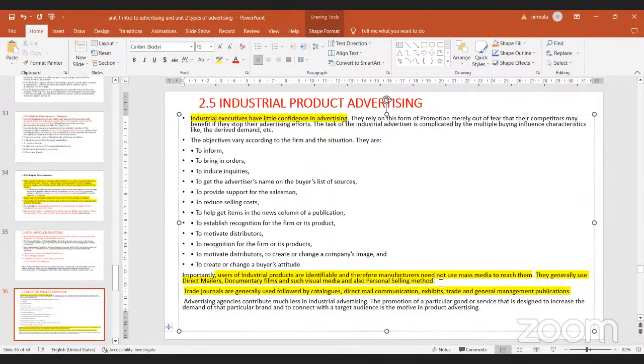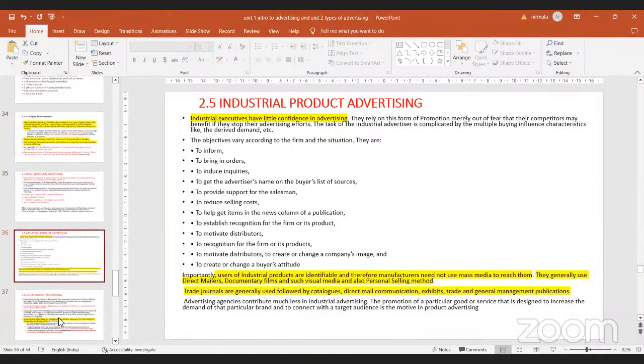And exclusively when it is industrial advertising, people may go for trade magazines or journals, or they may use direct mail communication or exhibitions, trade or general, or any other publications they may bring out to reach the target groups.